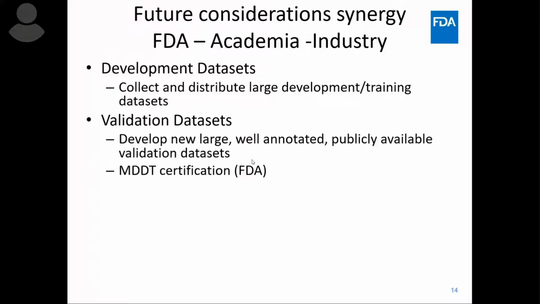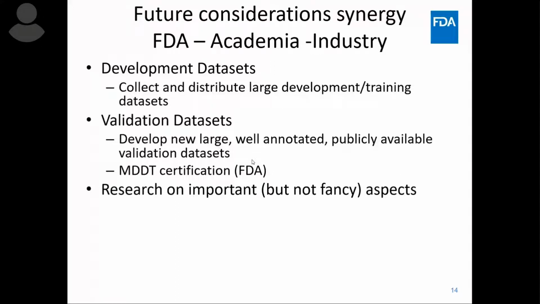There is a program in the Food and Drug Administration called Medical Device Development Tool certification, and that allows the agency to say, okay, this data set is good for this purpose and can be used in regulatory submissions to demonstrate that your device is good enough. There are a couple of folks in the audience, I think, that are working on new data sets, and we hope to see more of these data sets developed, possibly certified and used.